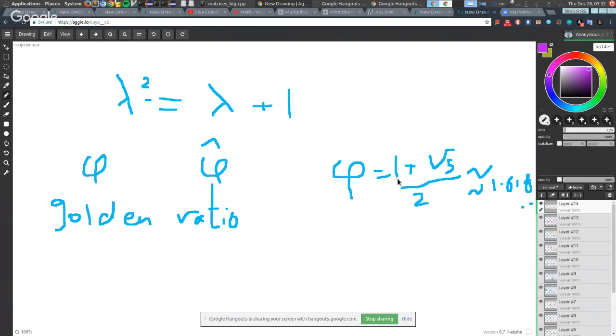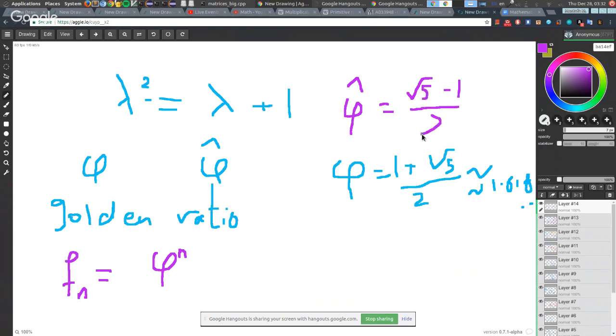So basically the Fibonacci is actually given by this closed formula. And I'm sorry, the conjugate here is 1 minus square root of 5 over 2. So Fibonacci of n is given by this formula. This we can verify using induction, and also we can try it.